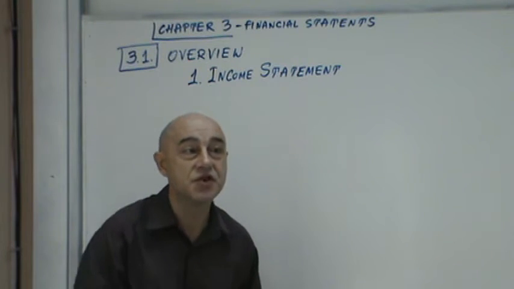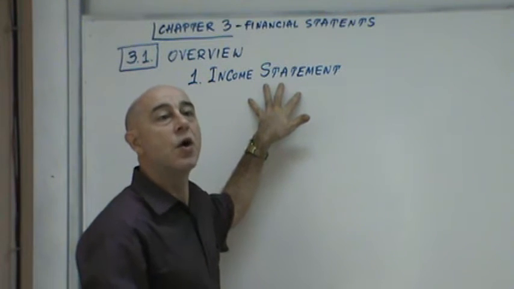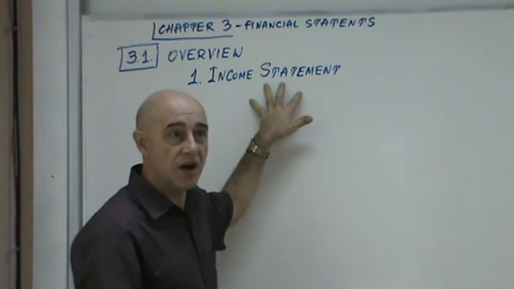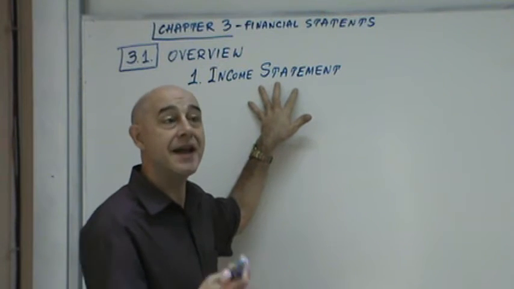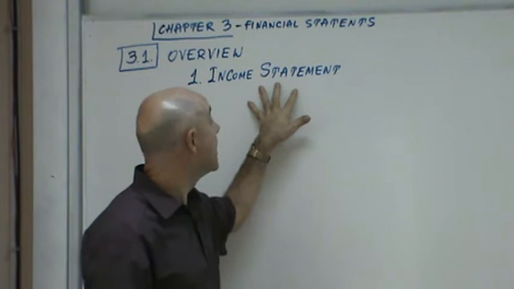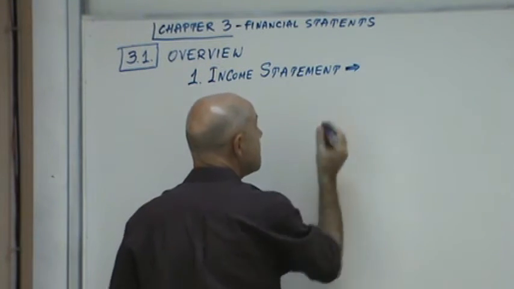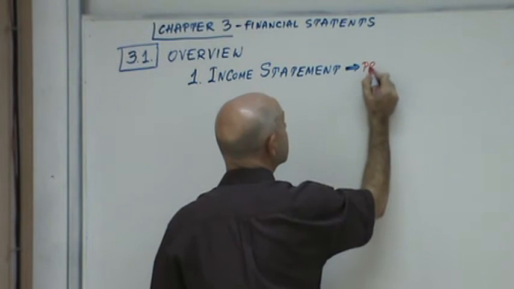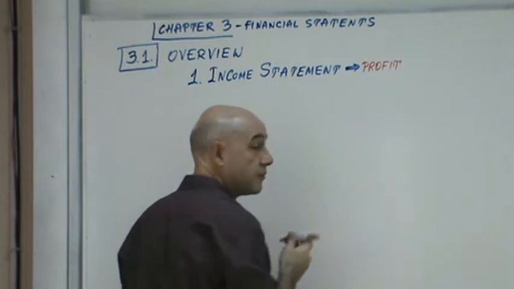Income statement gives you all the revenues and all the expenses for a given period of time, and the gross and net income. The net income is better and popularly known as profit.